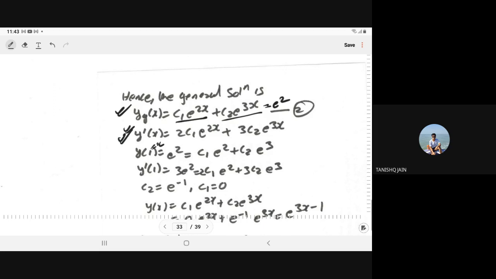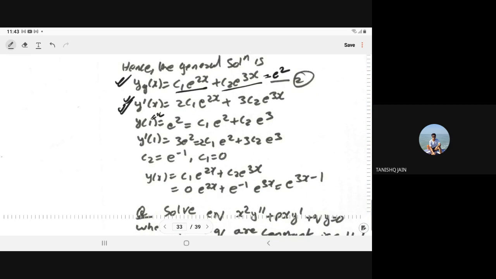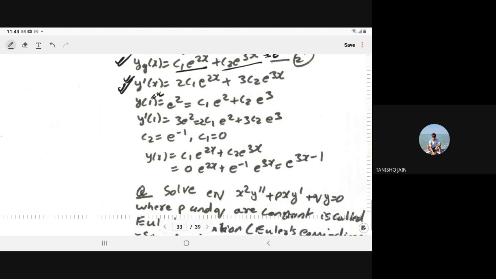So in the general solution, you put the values of c1 and c2 as 0 and 1 upon e. You will get the answer as e to power 3x minus 1. That is your particular solution.